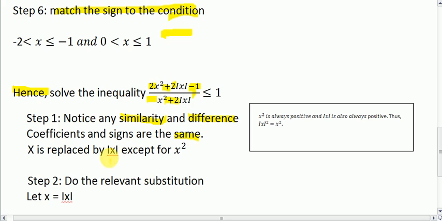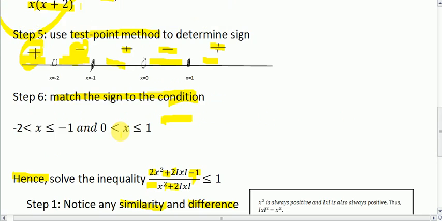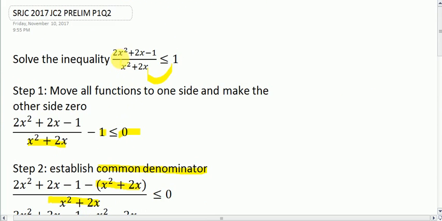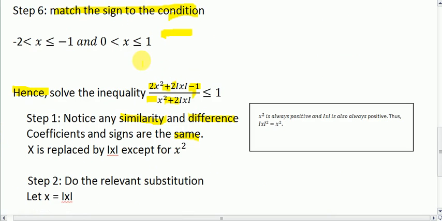However, there is actually one difference. In the first part of the question, all are x, but in this second part of the question, the x are actually replaced by mod x.